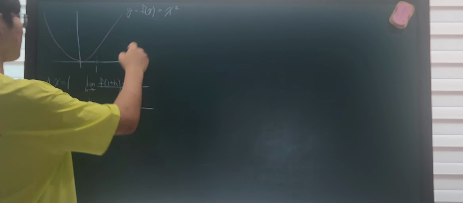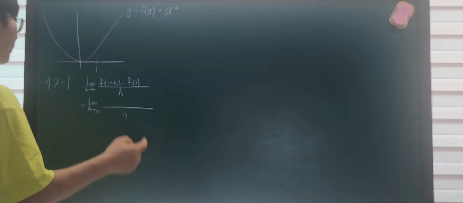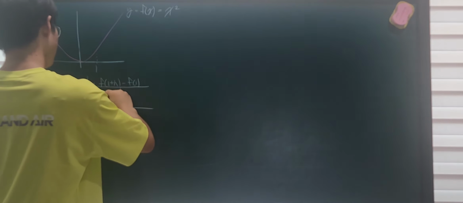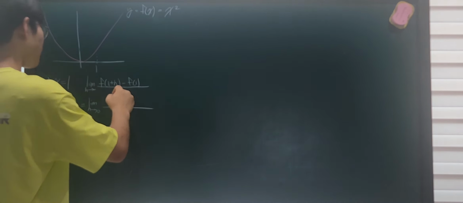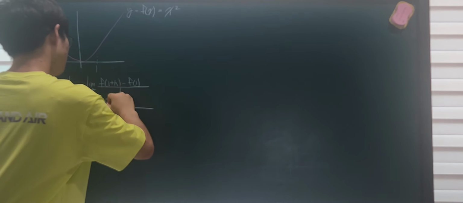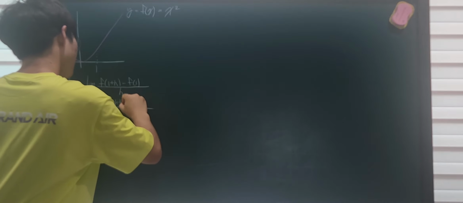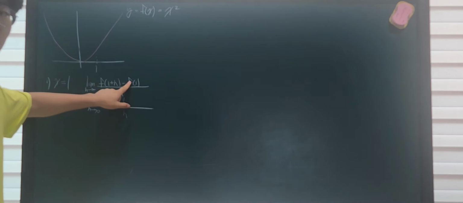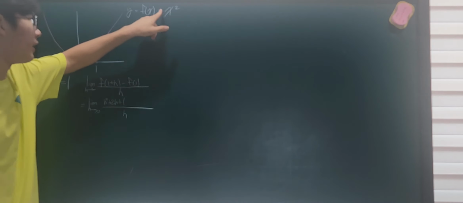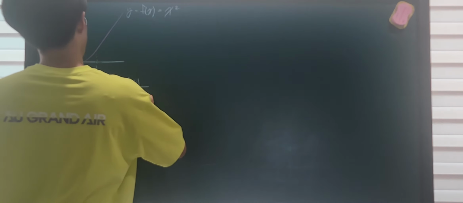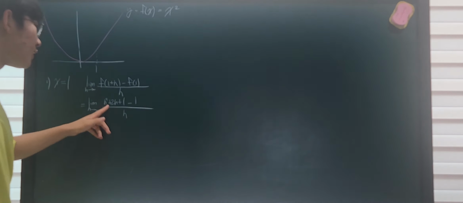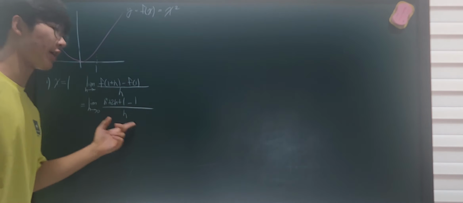It's going to give us (1 plus h) squared. I'm just going to expand it. (1 plus h) squared is equal to h squared plus 2h plus 1, and minus f(1). And what is f(1) exactly? If you plug in 1 in y equals x squared, then you get 1. So basically, it'll be (h squared plus 2h plus 1 minus 1) over h.